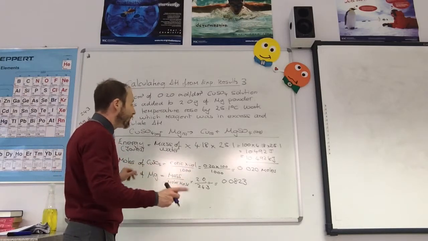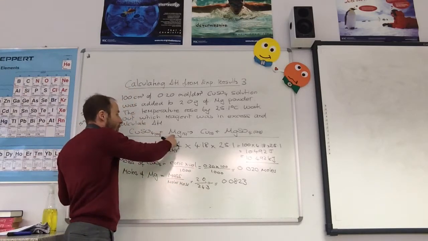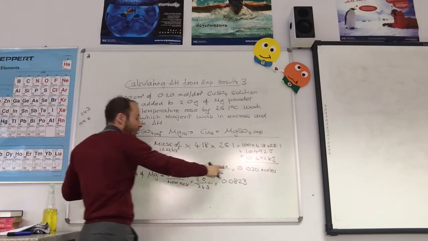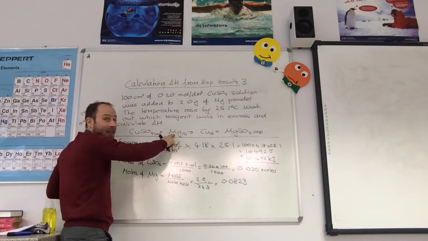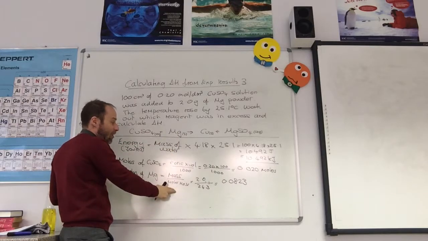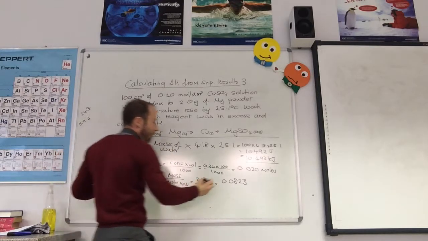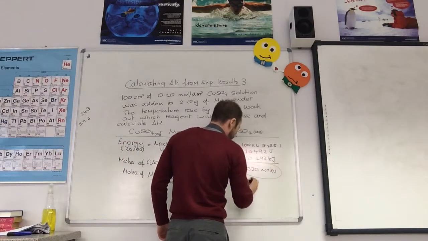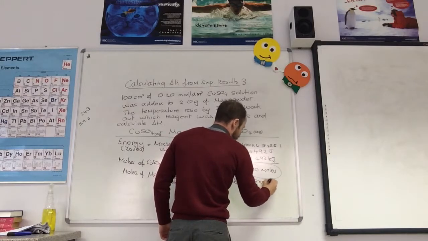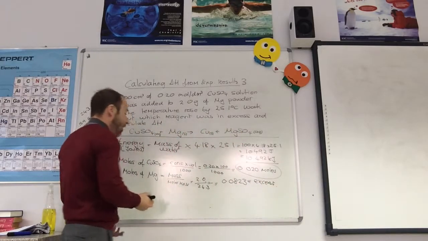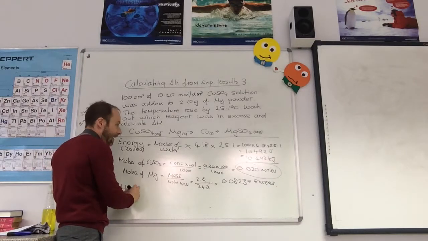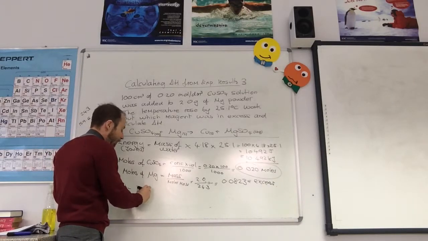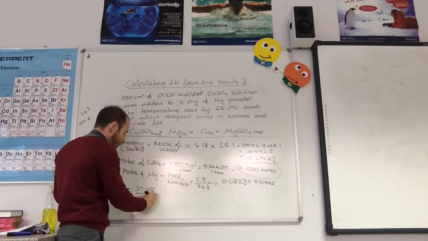You need to remember to look at the equation, it should be 1 to 1. So if I had 0.02 moles of copper sulfate, I should have had the same as that, but I actually used too much. So I'm going to use that number because that one was in excess. So on to the final bit now. Delta H is going to equal 10.492 divided by 0.020.